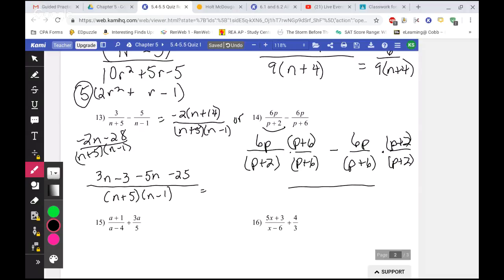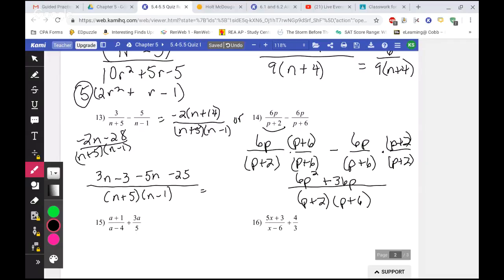So I'll write this all as one big fraction. And I'm going to distribute 6p to both the p and the plus 6. So that's going to give me 6p squared plus 36p.